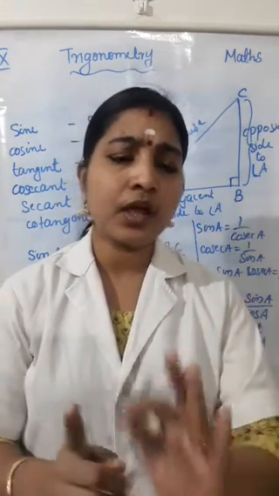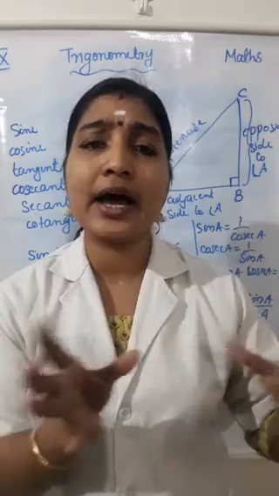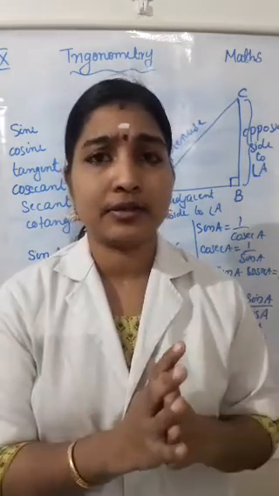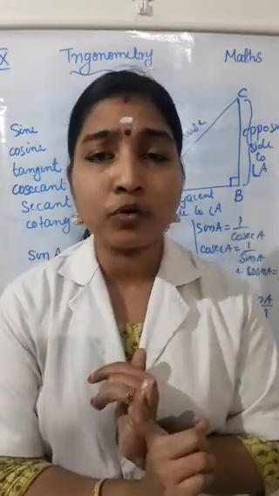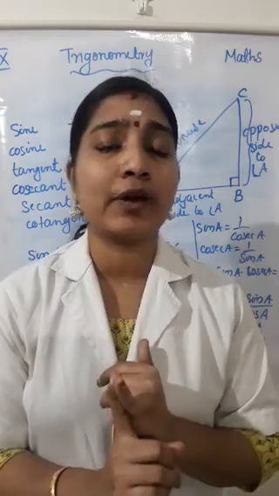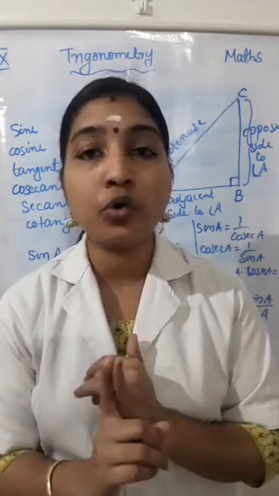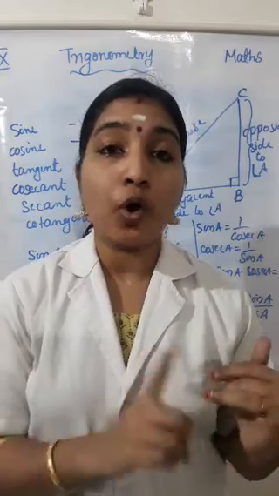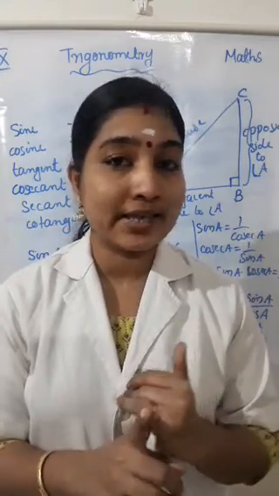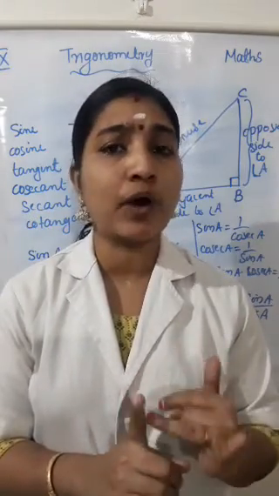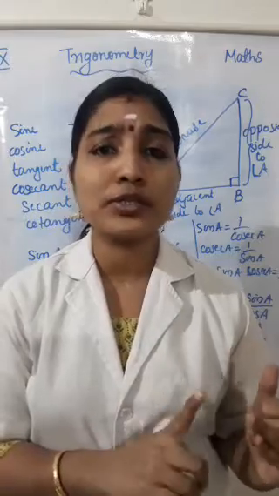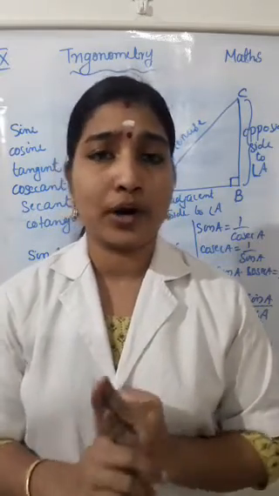Then cosec A is the reciprocal of sin. Then sin A is equal to 1 by cosec A, and cosec A is equal to 1 by sin A. So sin A into cosec A is equal to 1. Cos A is equal to 1 by sec A, and sec A is equal to 1 by cos A. So cos A into sec A is equal to 1.